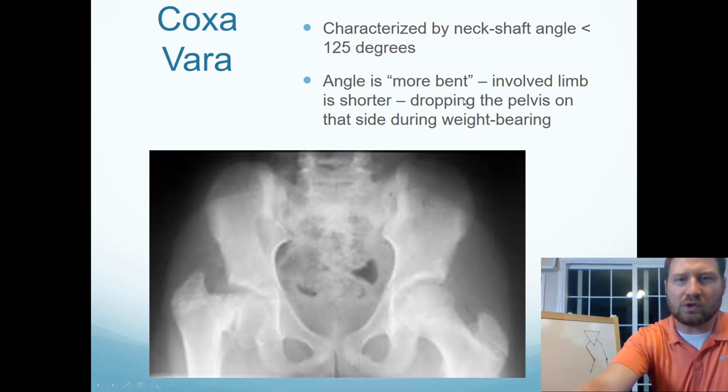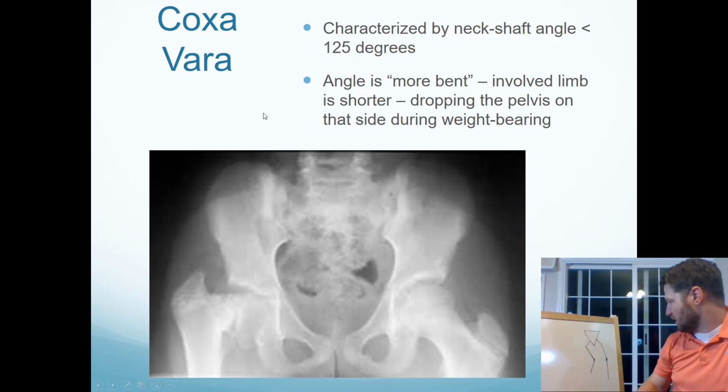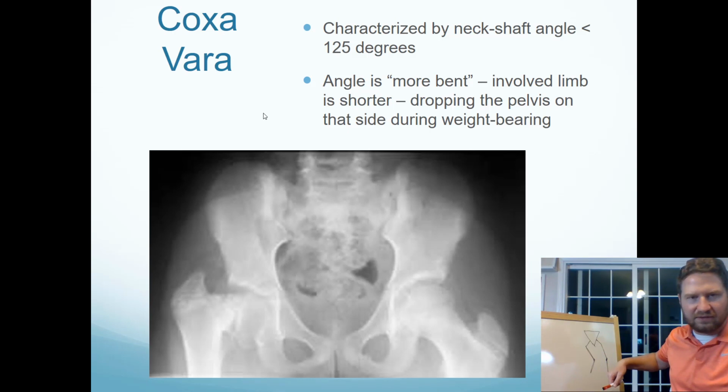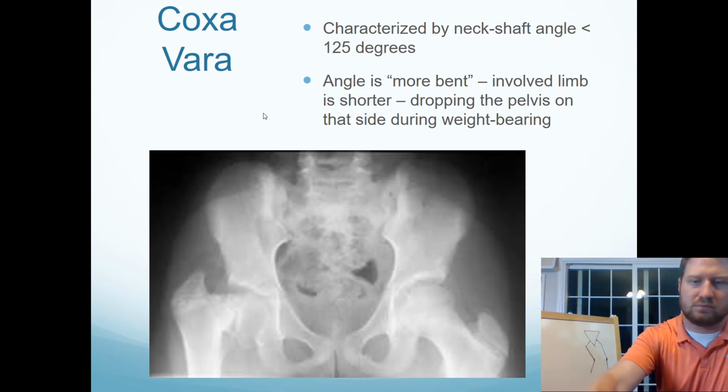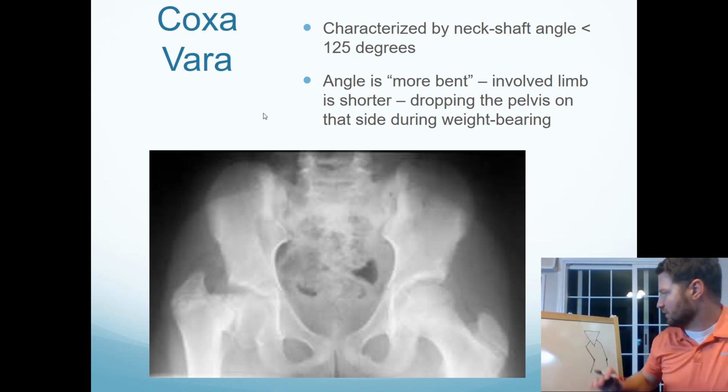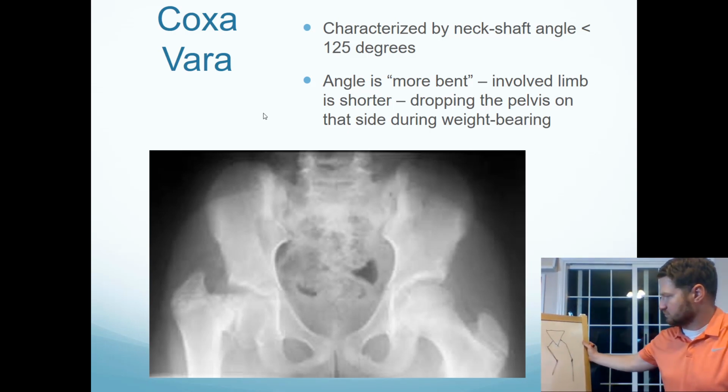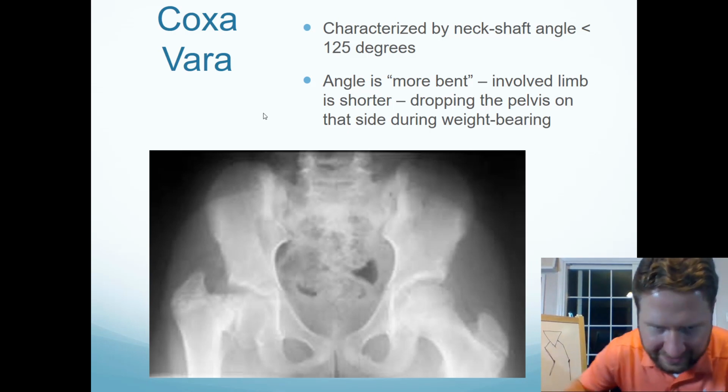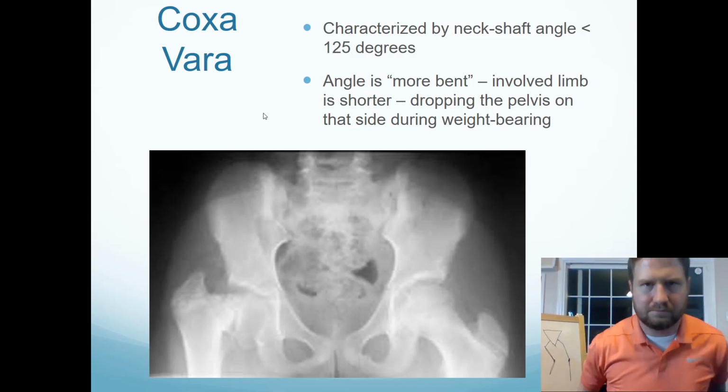The limb is shorter, dropping the pelvis on that side during weight bearing. Okay? So, coxa valga, longer limb. Coxa vara is going to be a shorter limb. Okay? Hopefully that makes sense. Okay? That's not just a fun guy dancing, as it kind of looks like.